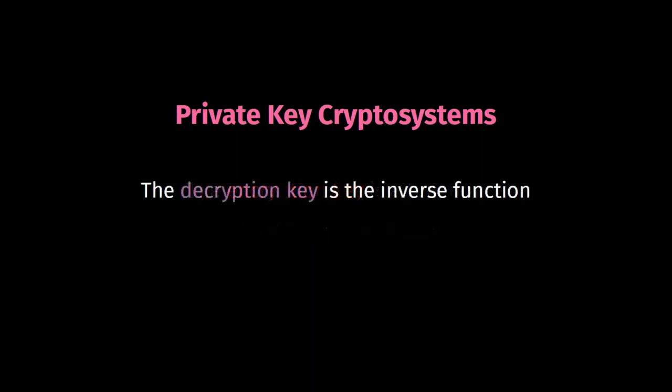The decryption key is the inverse function, usually denoted by f-1. In particular, that means that our function f should be invertible. Of course, we expect f-1 to take the ciphertext and to transform it into the original message sent by Alice. So Bob will be able to read the message.